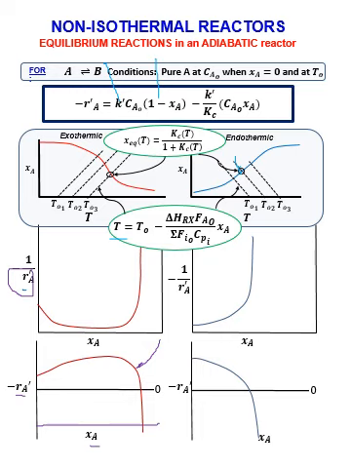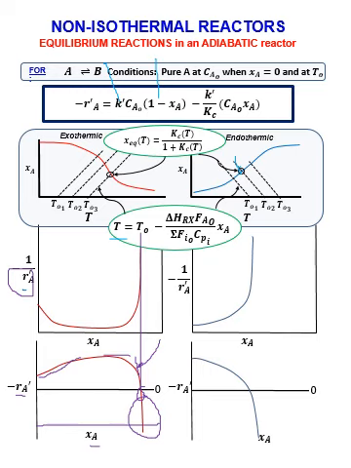So you will observe the same behavior. You will see an increase in the rate. You will see the maximum in the rate. You will see that the rate goes to 0 at that asymptote value. And then it seems as if the rate goes into negative territory. That's the reverse reaction.